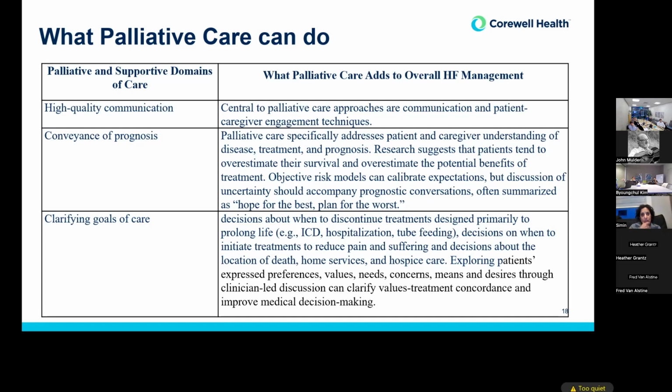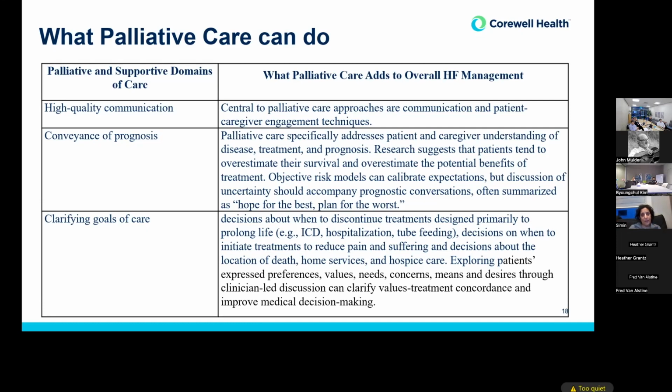In those situations which become uncertain and unpredictable, high quality communication for the patients and the caregivers is just so critical and so helpful. So again, that's kind of our strength. So that's very impactful.